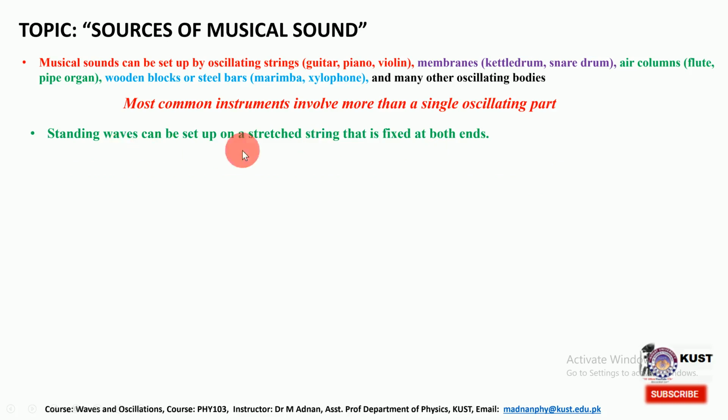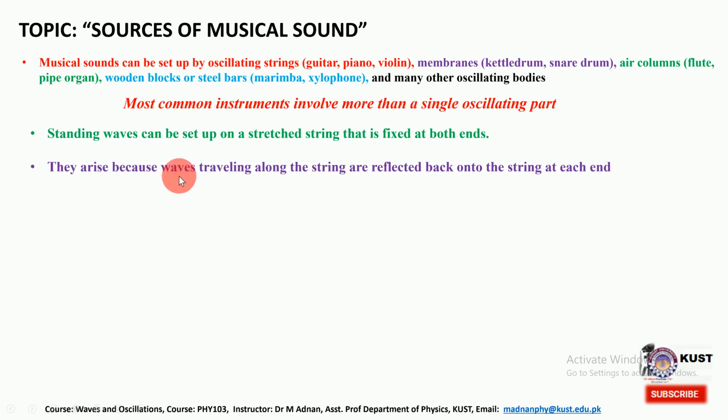These traveling waves give rise to standing wave patterns. In the same manner, we will discuss those standing wave patterns for sound waves. They arise because waves traveling along the string are reflected back onto the string at each end, and hence they form different oscillating elements of the string, called the nodes and antinodes.